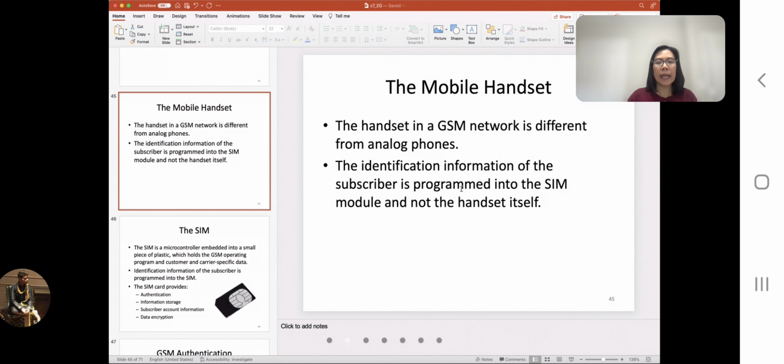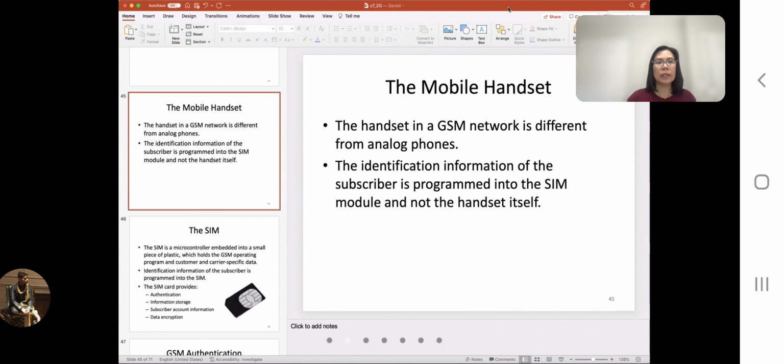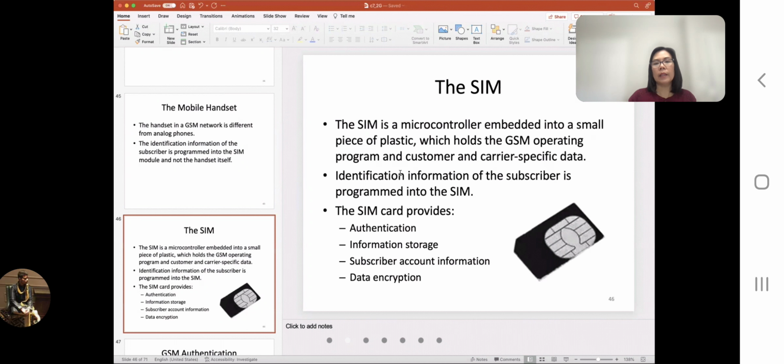And the identification information of the subscriber is programmed into the SIM card, the SIM module, and not the phone itself. Again, this is for portability, right? So you can use the same phone with different carriers. And I know that you know what a SIM card is.